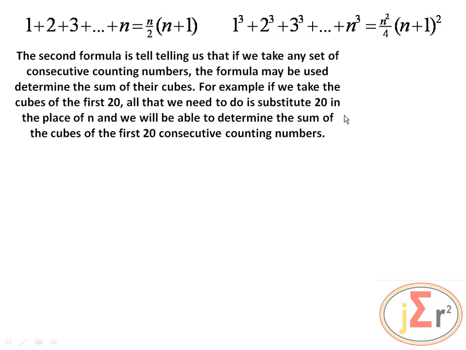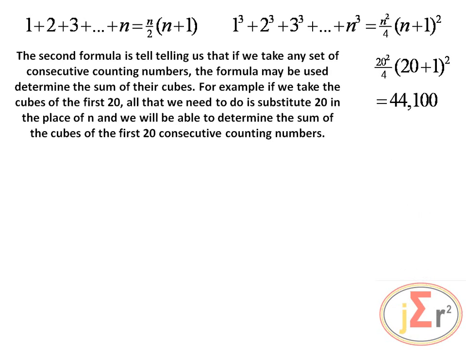For example, if we take the cubes of the first 20, all that we need to do is substitute 20 in the place of n, and we will be able to determine the sum of the cubes of the first 20 consecutive counting numbers. 20 squared over 4, 20 plus 1 all squared. That is the result.